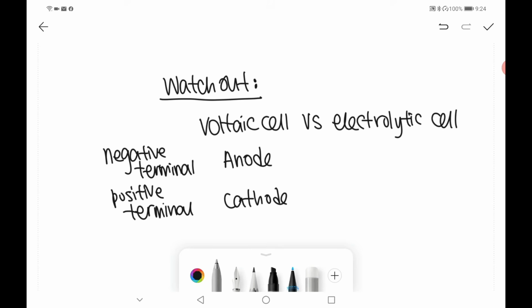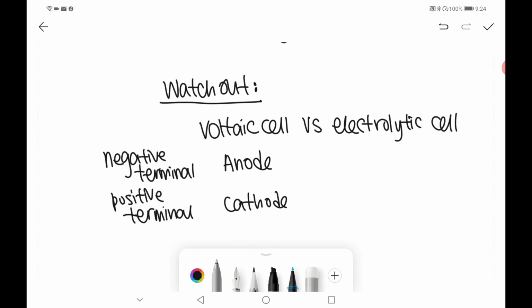Electrolytic Cell uses electricity to break down compound. So everything is terbalik. In Voltaic Cell, negative terminal is anode, but in electrolytic cell, negative terminal is cathode. Positive terminal is anode.